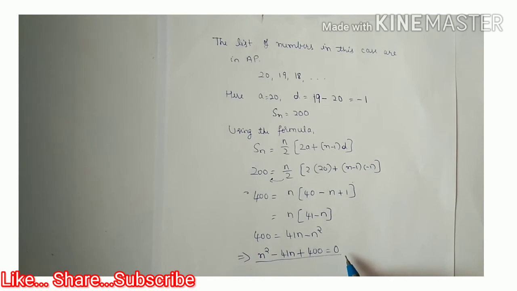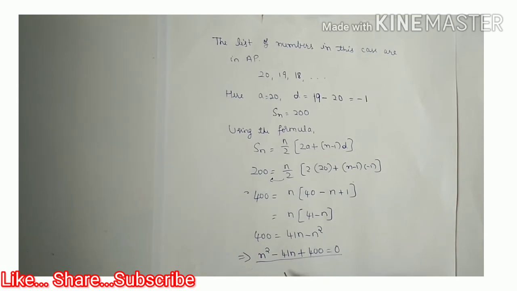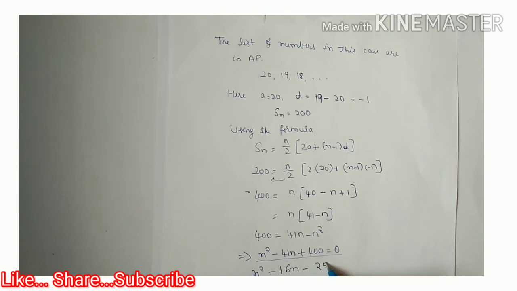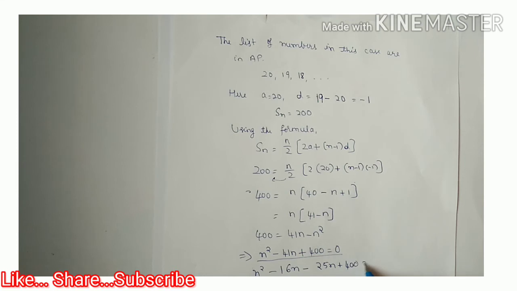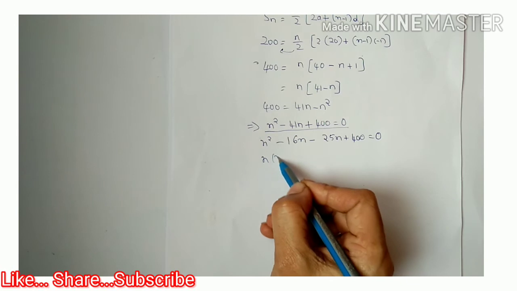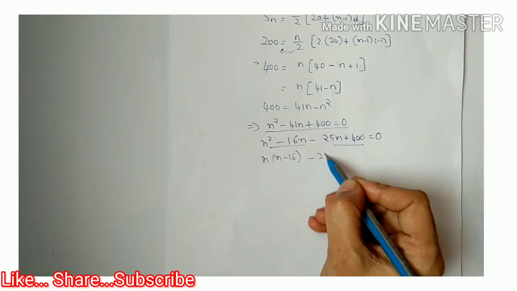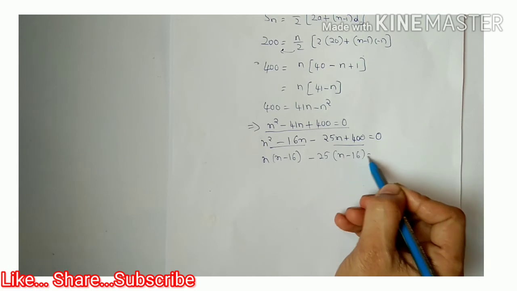This is a quadratic equation solved by the method of factorization by splitting the middle term, minus 41n, as the sum of two terms whose product is 400 n square. We can write n square minus 16n minus 25n plus 400 is equal to 0, or n minus 16 into n minus 25 is equal to 0.